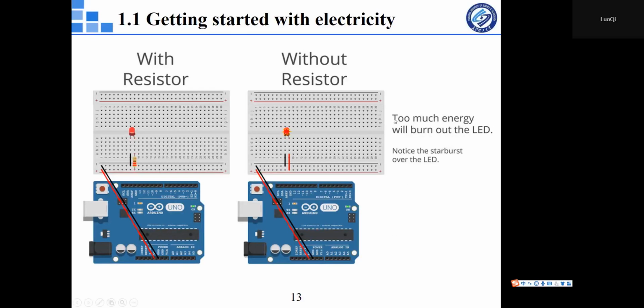So the resistor will use up some of the electric energy, and the LED will receive less energy as a result. This allows you to supply components with only the amount of energy that they need.